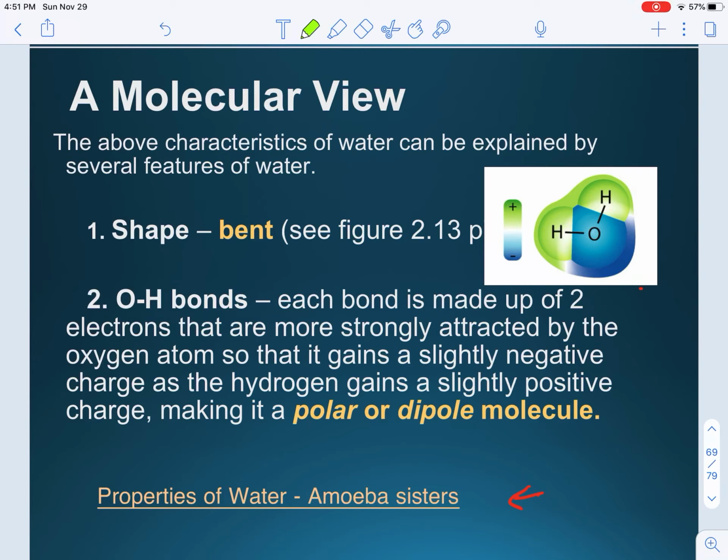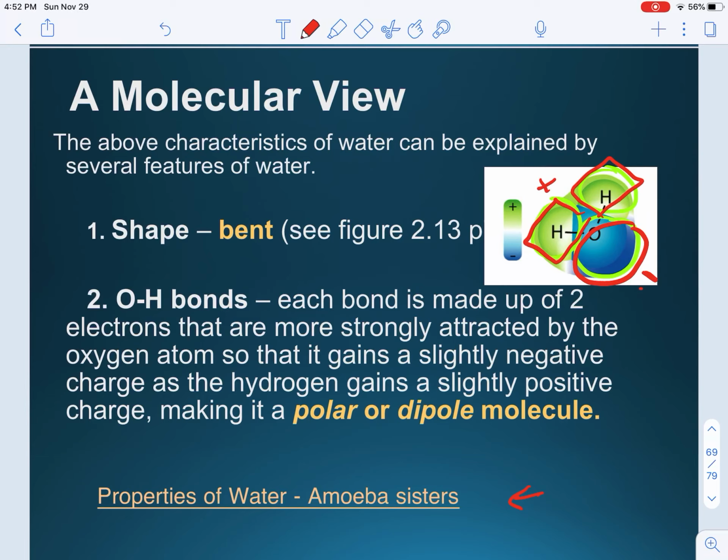The molecular structure of water can explain those characteristics. First of all, water has a shape that's not linear. The hydrogens are actually off to the side of the oxygen, and when you have the hydrogens off to one side, that makes that side more positive because they have lost their electron to oxygen, and oxygen makes this side more negative because it's grabbing those electrons.